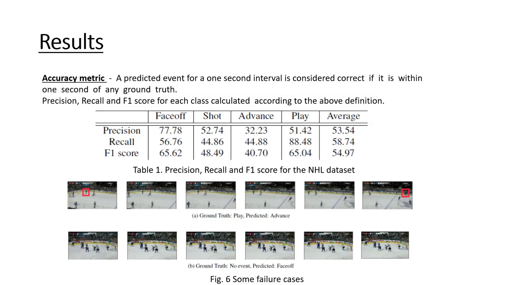Advance is not doing too good. This is because advance is often mistaken as play, because sometimes the network is not able to understand the temporal context in a good way, which is illustrated in this figure.